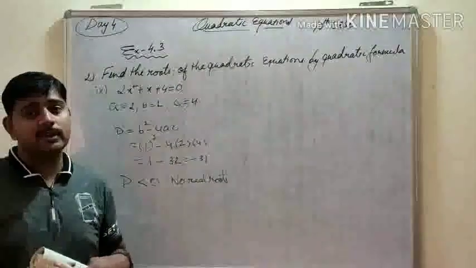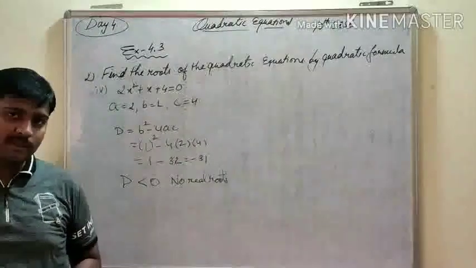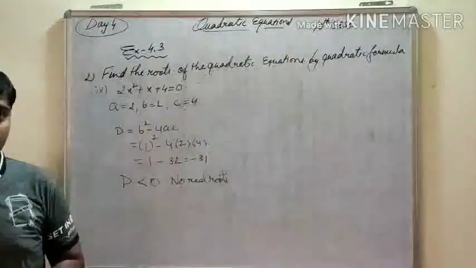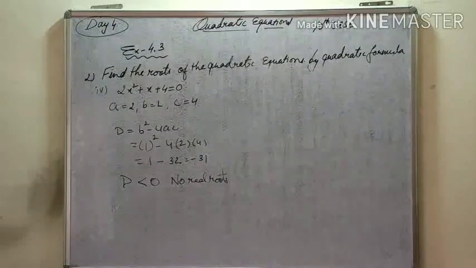So that is question number 2. Now I'm taking question number 3. Let us see what to do in that. Its heading is different. Its heading is: find the roots of the following equations.